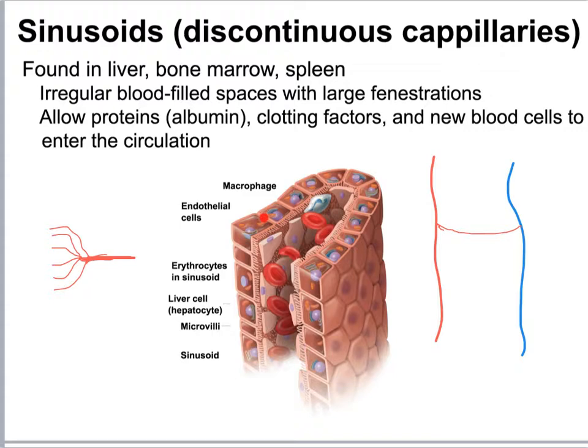The liver is where most of your blood proteins are made. Basically, you make blood proteins in the liver, and then they seep into the sinusoid, and from the sinusoid they get into the bloodstream. In the bone marrow, that's where you're making blood cells. So you make your blood cells out here, they get into the sinusoid, and then from there they join into an arteriole.